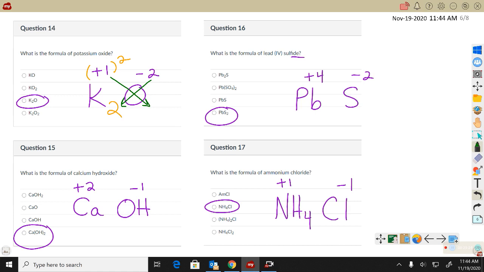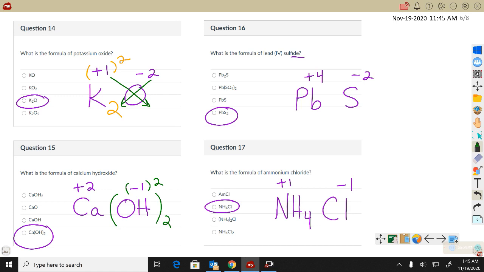And you don't have to write a 1 in a formula, and you don't bring down the plus or minus. Same thing with polyatomics. The whole group hydroxide has a charge of -1. Well, if I want to make this neutral with calcium being a +2, I could either take 2 atoms of hydroxide, and because it's a group, I want 2 of this group, I have to put it in parentheses.